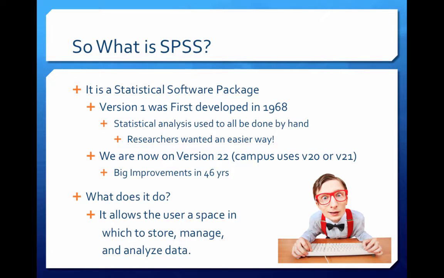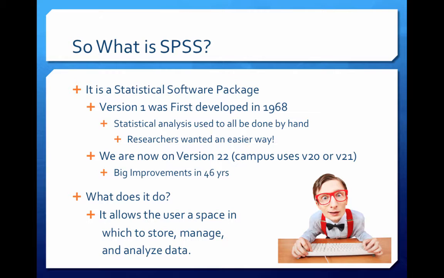But that's why there's SPSS. SPSS was first developed in 1968, simply because there was just vast amounts of information, vast amounts of data, that there had to be some way of organizing it and storing it and really managing and doing something with that information. Researchers wanted an easier way of working with their numbers, working with their data.